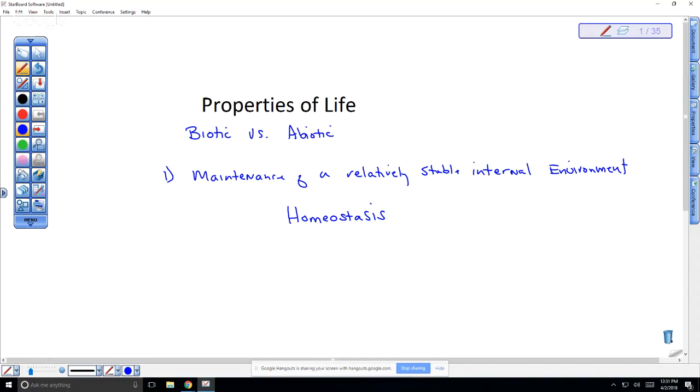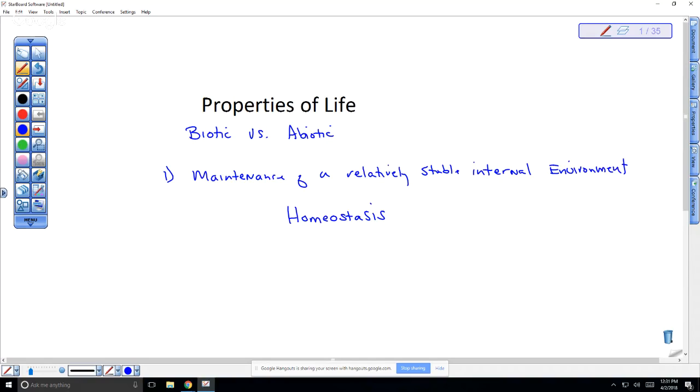It's a little bit deceiving to think about homeostasis as being constant, because actually our internal environment does fluctuate quite a bit. For example, when we talk about blood pressure, when we're laying down, our blood pressure will change as compared to when we're standing up.